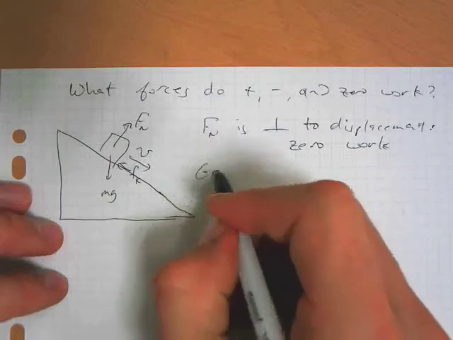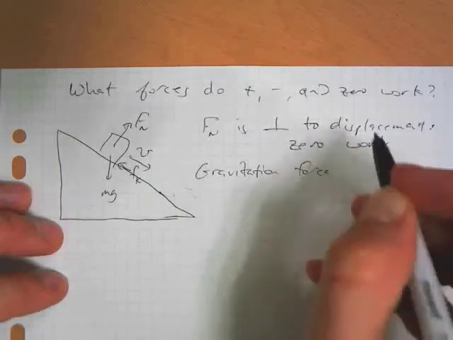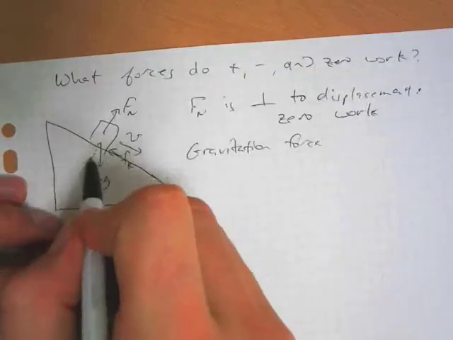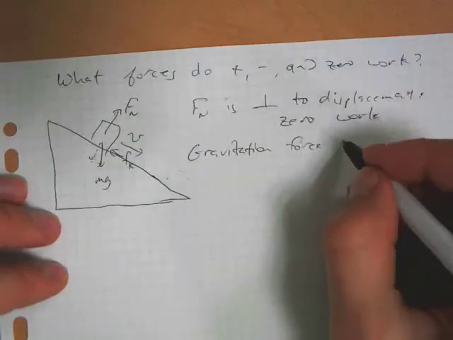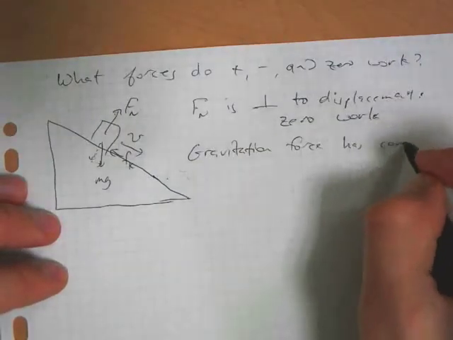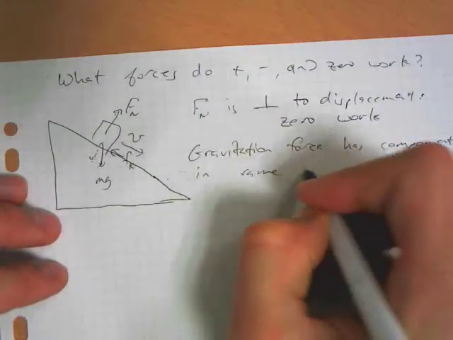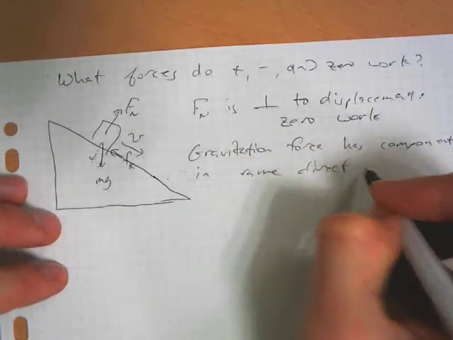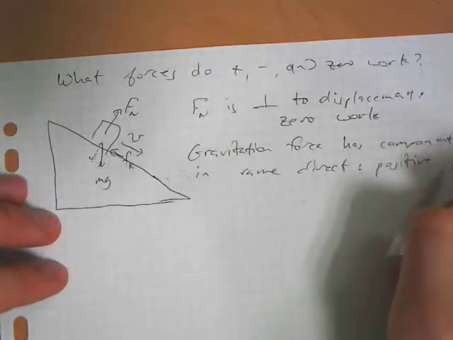Gravitational force, if we break it up into components, has a component perpendicular and then a component going down the ramp. It has a component in the same direction as displacement, therefore it does positive work.